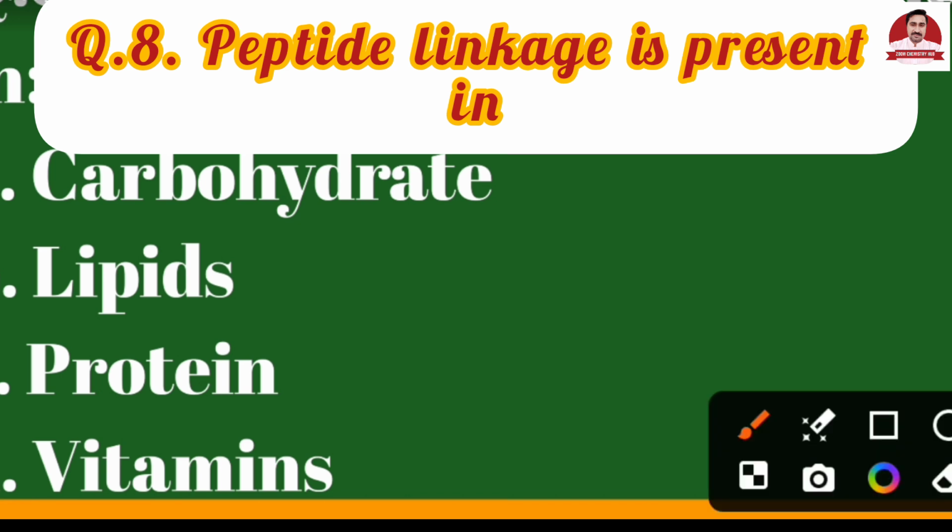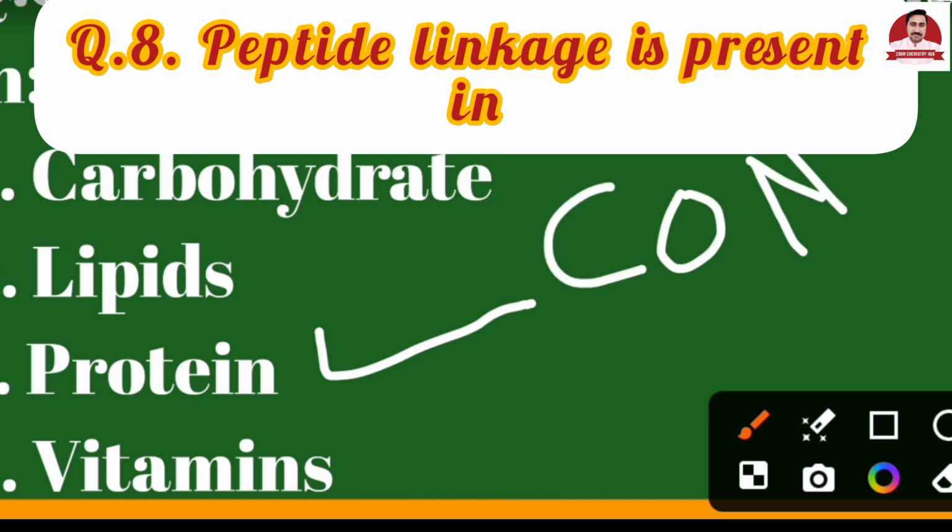So option C is correct, because in the peptide linkage amino acids are linked to each other by a CONH sequence, in which the carbonyl group of the first amino acid and the amino group of the next amino acid are linked to each other by a bond. Option C is correct.